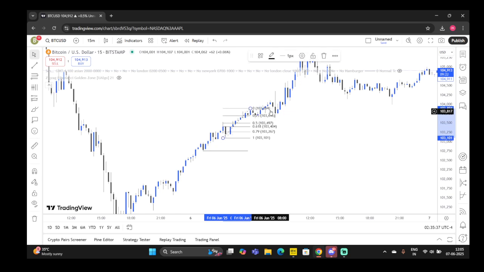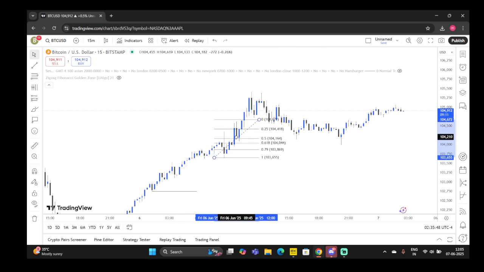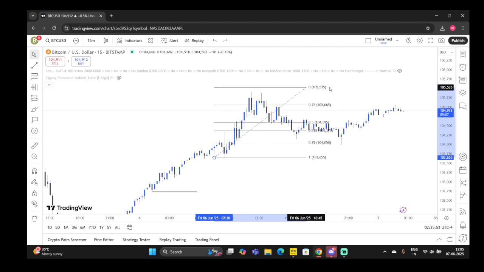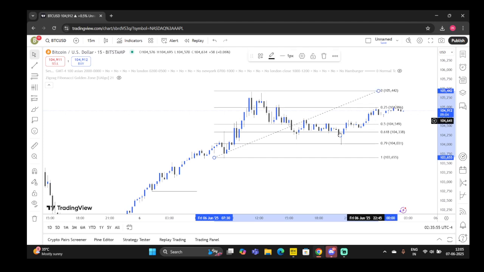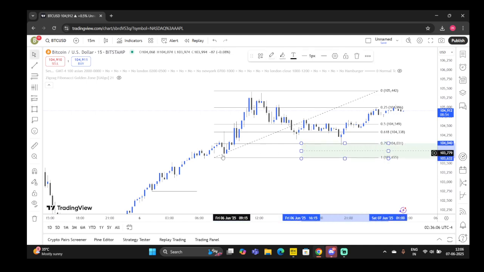And from this level to this level, again almost 50% it has taken and moved up. And from this swing to this high, again almost it came to the discount area to this swing and moved up.